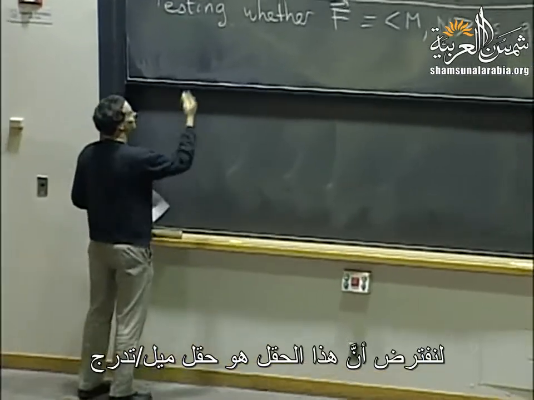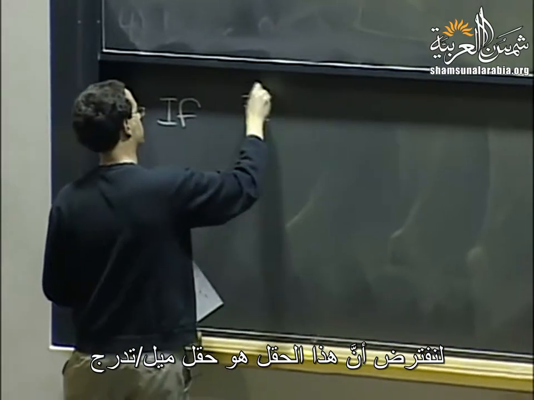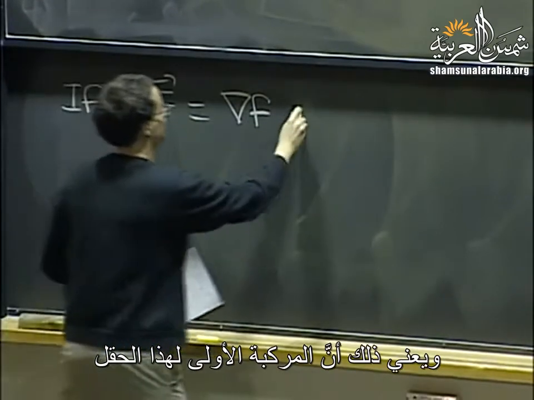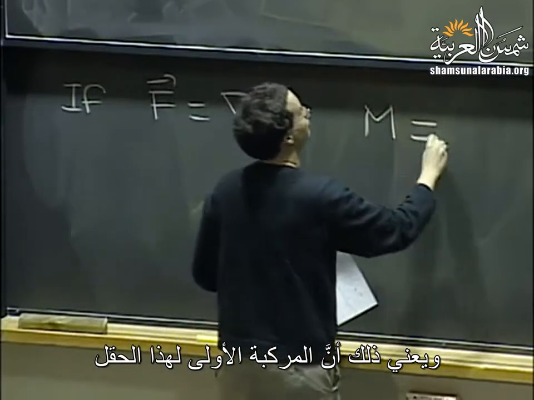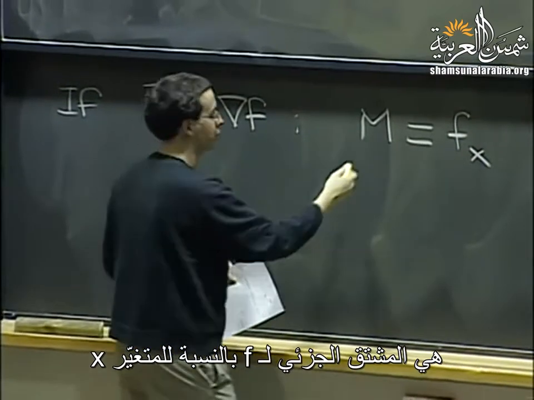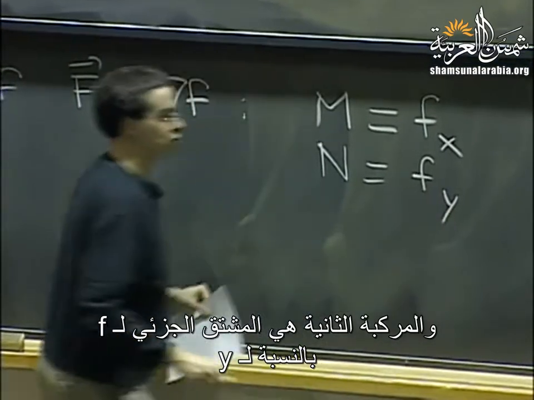Say that it is a gradient field. That means that the first component of the field is the partial of f with respect to x, and the second component is the partial of f with respect to y.